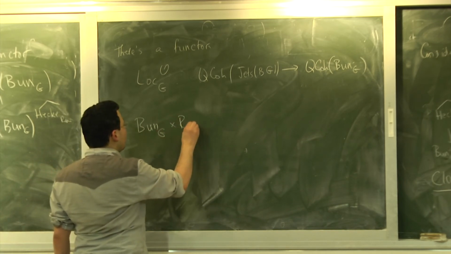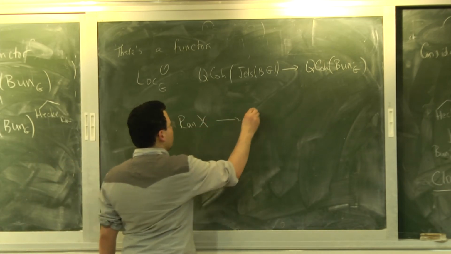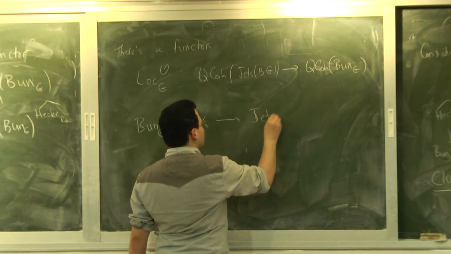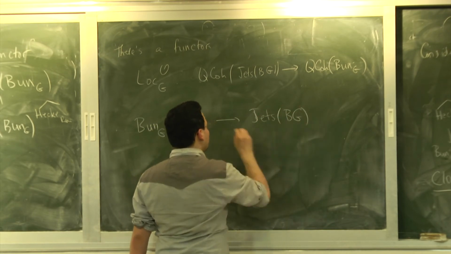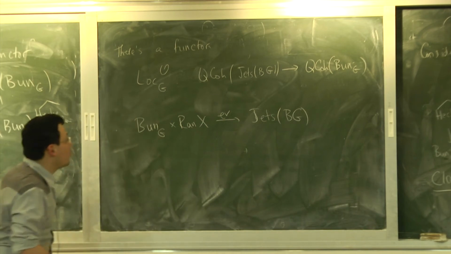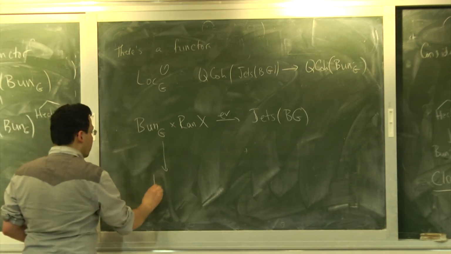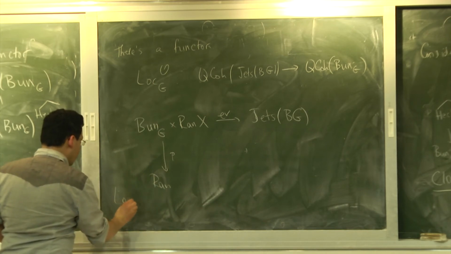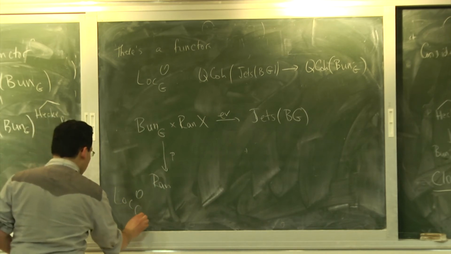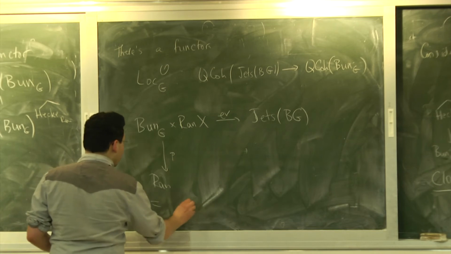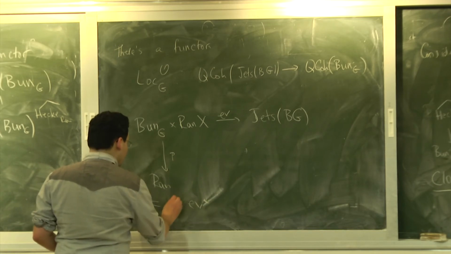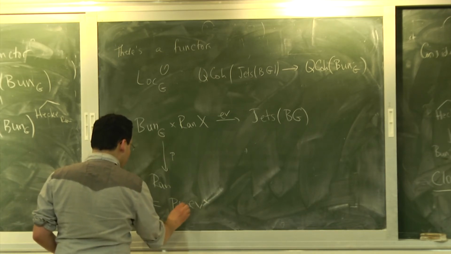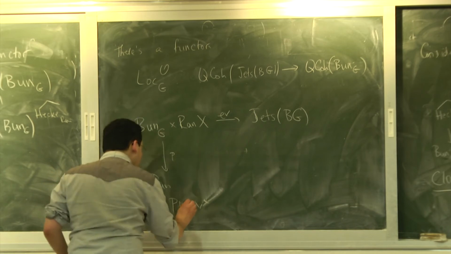So we have this correspondence. So there's an evaluation map. And this localization, this is just you pull back and then you take de Rham push forward.